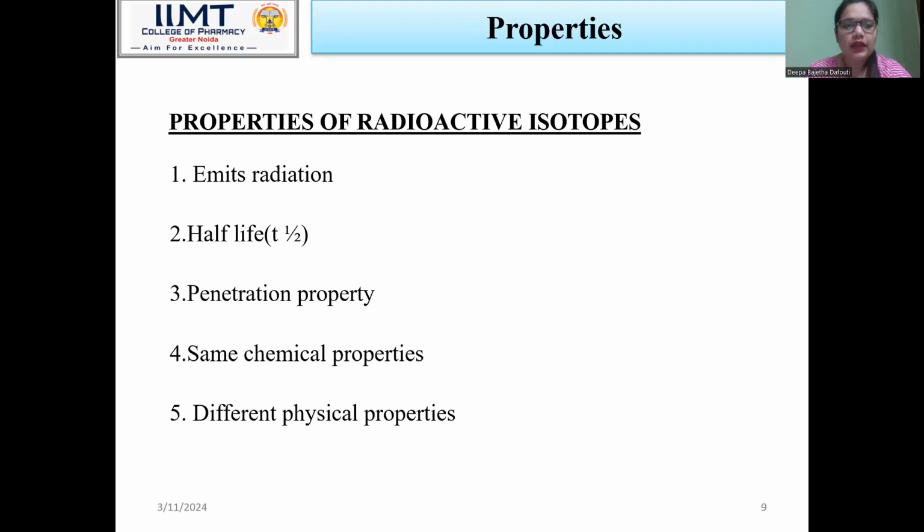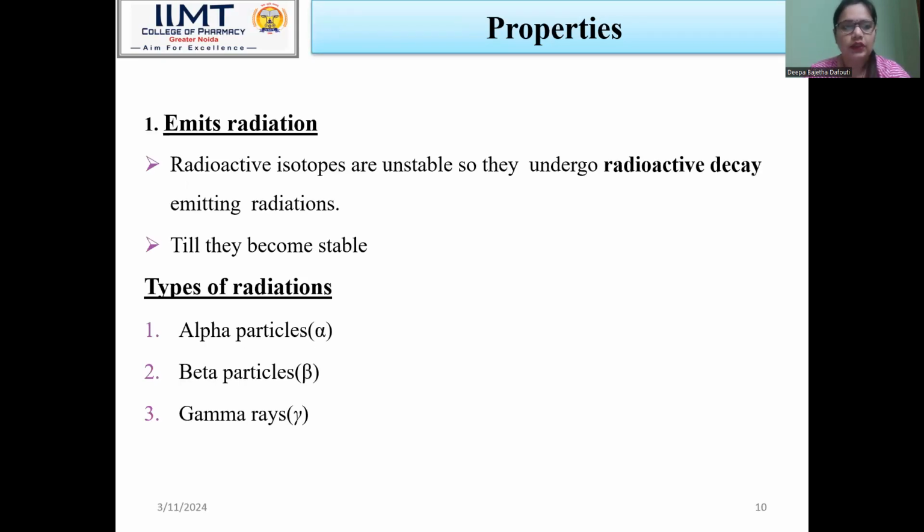Next is, what are the properties of radioactive isotopes? Radioactive isotopes have, first, emission of radiations, second, half-life, third, penetration properties, fourth, same chemical properties, and fifth, different physical properties. So first is emission of radiations.